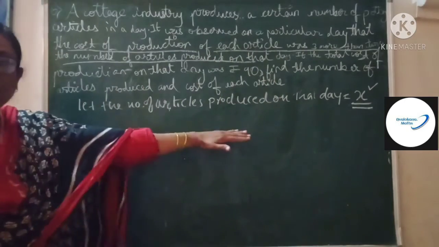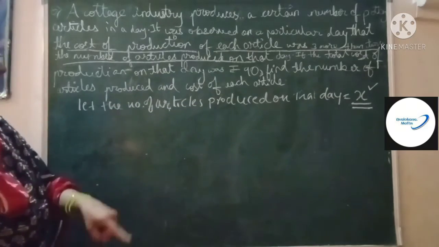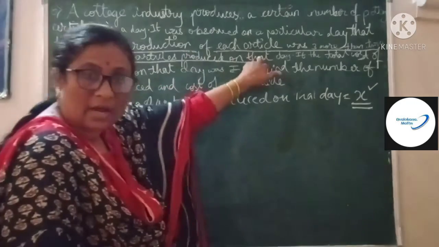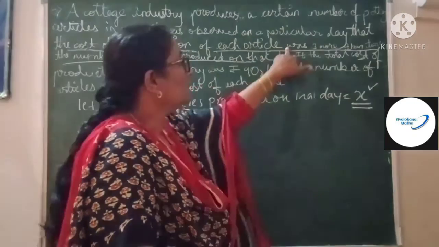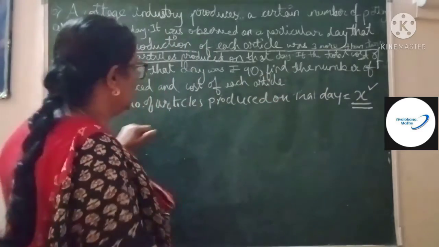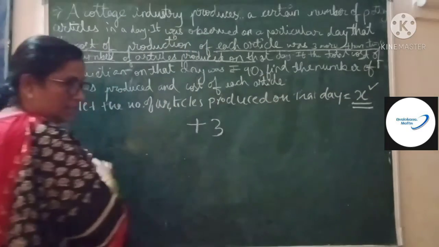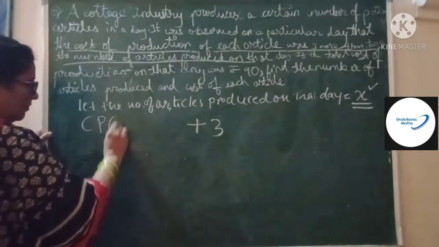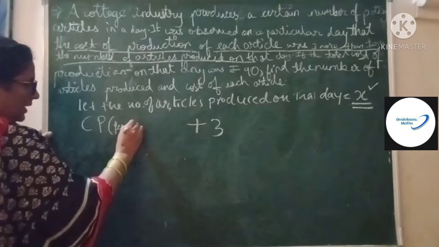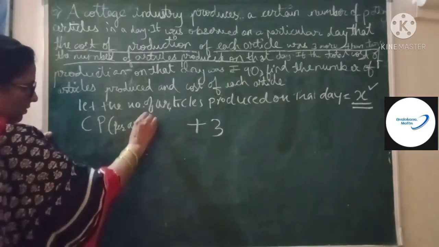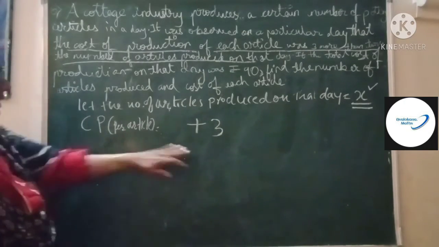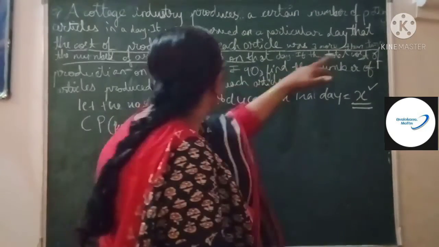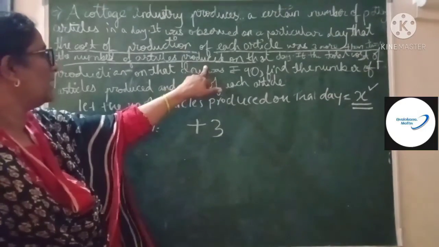Now, how is it related to the cost? See here children, the cost of production of each article was 3 more than, and 3 more than means plus 3. We are talking about the cost price of each article, the cost price per article, is 3 more than twice the number of articles produced.